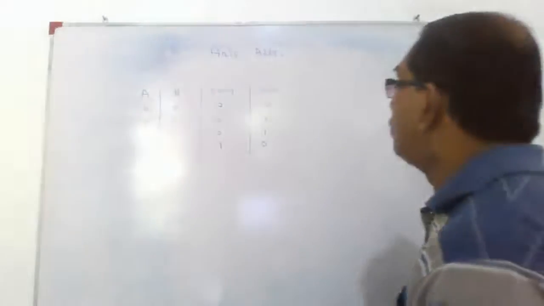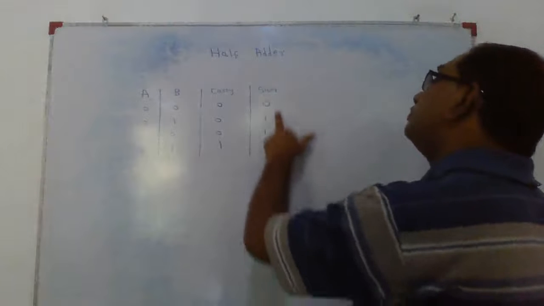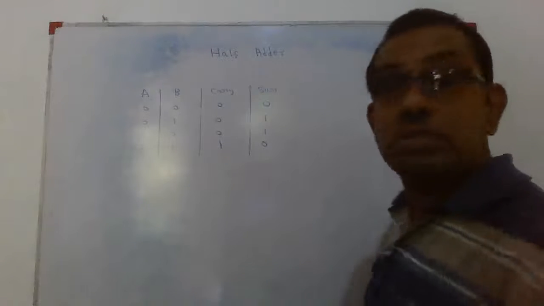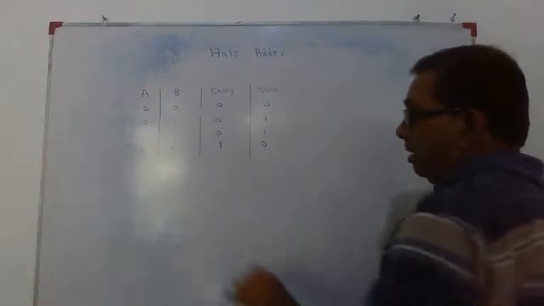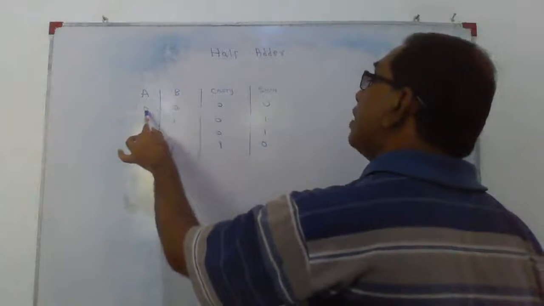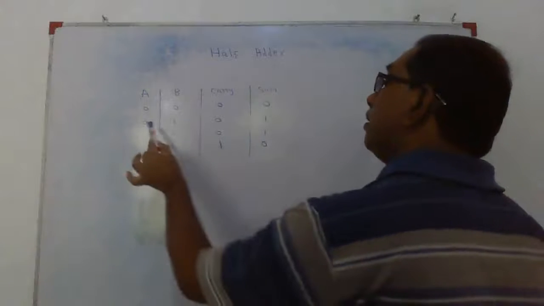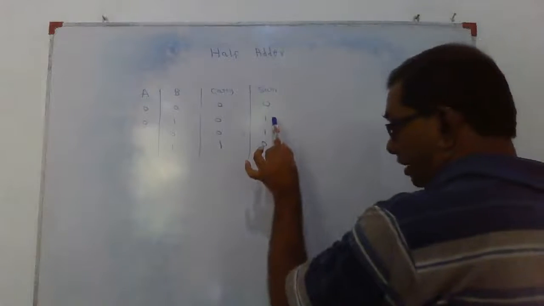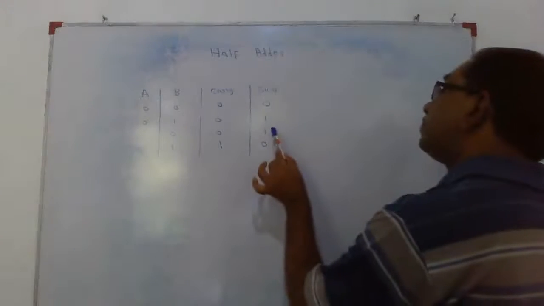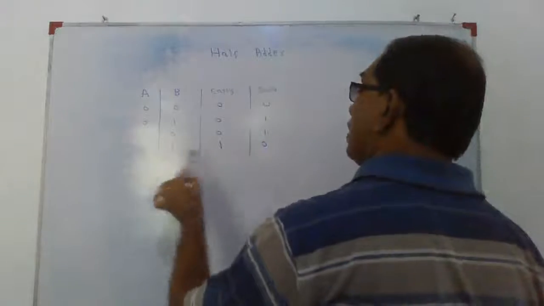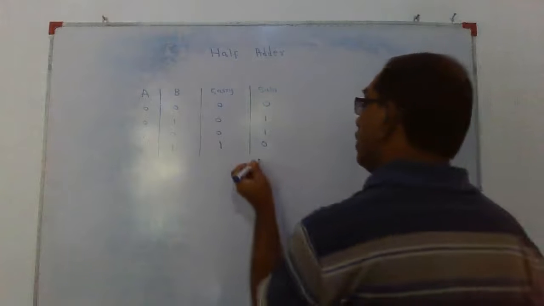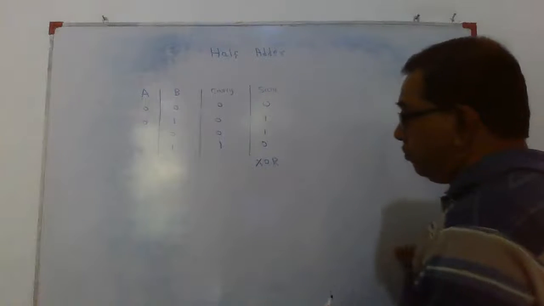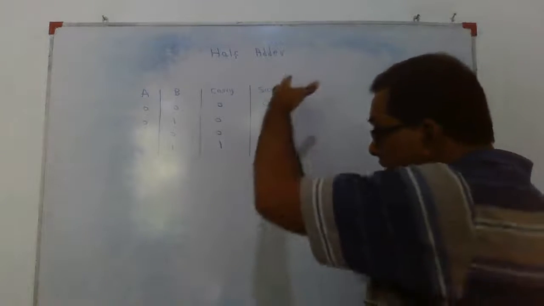Now we are going to see how the sum has come. Sum has come according to the exclusive OR gate. See, if both bits are equal, the output is 0. If both inputs are different, output is 1. Here we have different inputs, so output is 1. We have equal inputs, output is 0. So XOR is used here in order to get the sum.